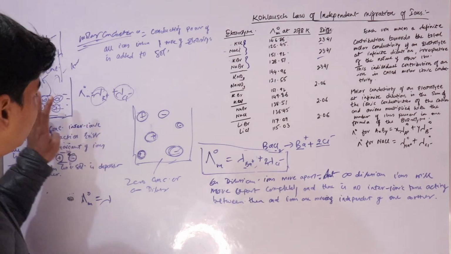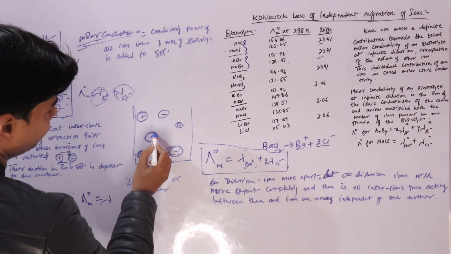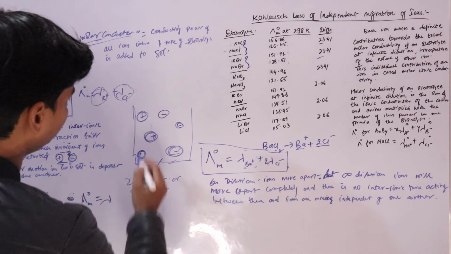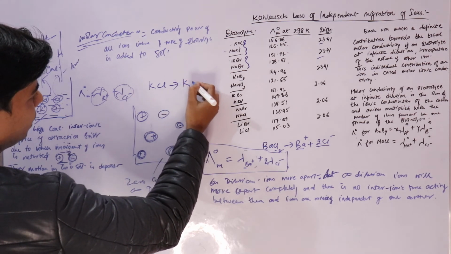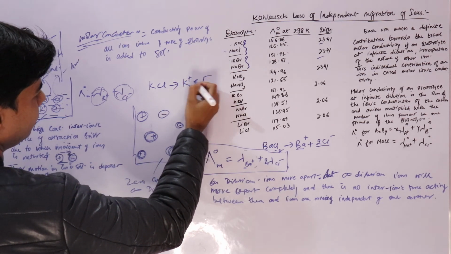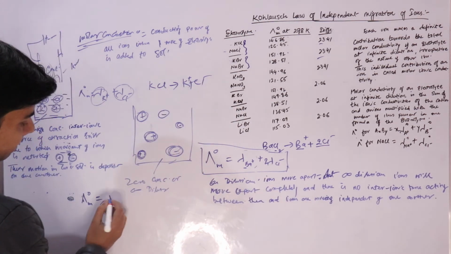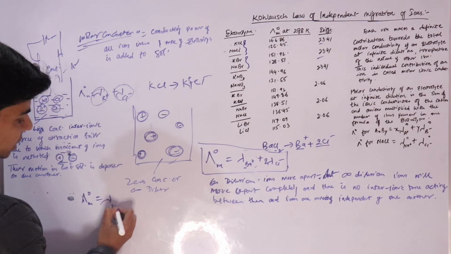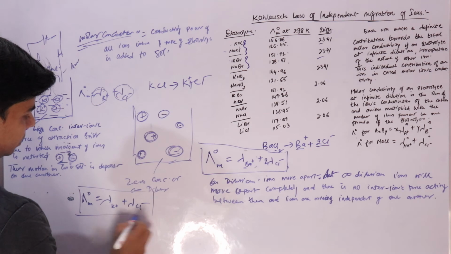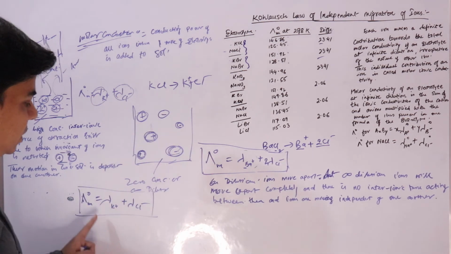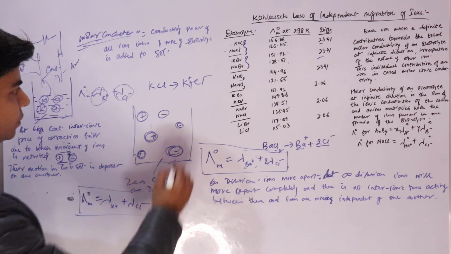The example we have taken is potassium chloride. 1 mole of potassium chloride contains 1 potassium ion and 1 chloride ion, so it would be the ionic conductivity of potassium ions plus the ionic conductivity of chloride ions, each multiplied by the number of ions, which is 1 here.